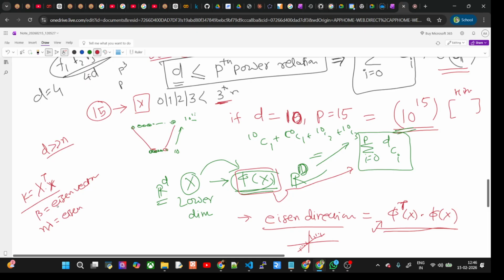Once you get beta, you calculate your alpha, which is beta divided by the square root of n lambda. Once you get alpha, you finally calculate w by combining your data points with your alpha. This is our solution when d is greater than n.